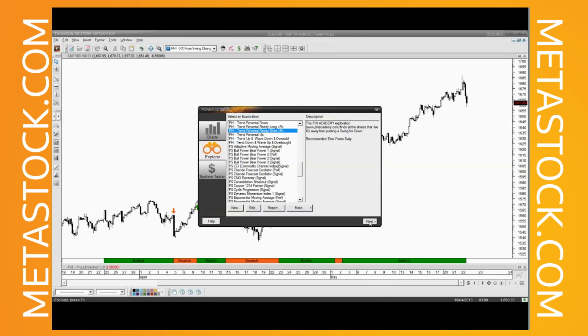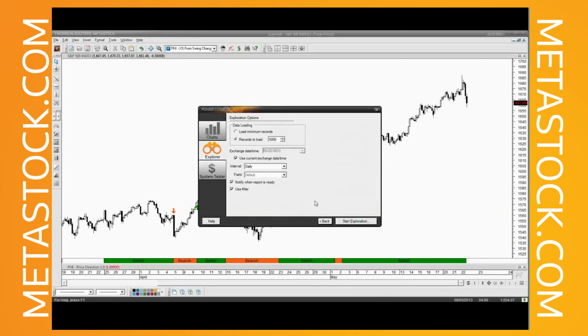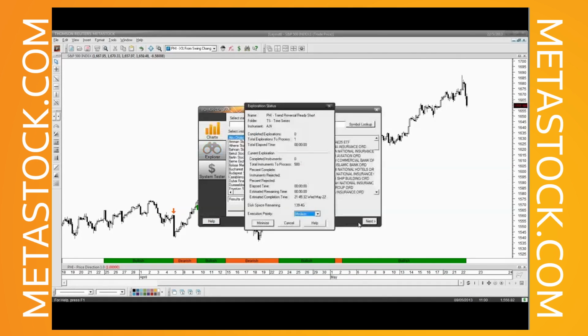So I have created one such exploration here, and we can scan the S&P 500, for example, on the daily time frame. I'm using a lot of records and it's going to be a bit slower, so let me decrease it a little, and we can start the exploration.